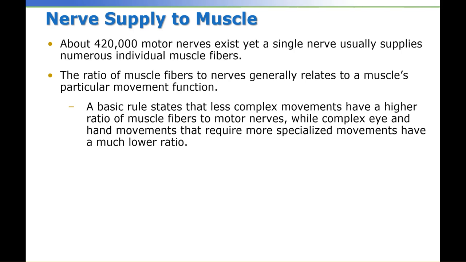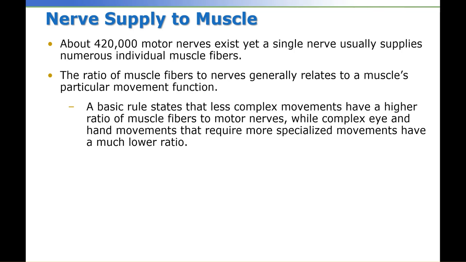So, for instance, when you talk about muscle fibers to nerves, you have 10 to 1 for the eye, as opposed to the gastrocnemius, which is 1800 to 1. The number of muscle fibers per motor neuron, termed the innervation ratio, generally relates to a muscle's particular movement function.